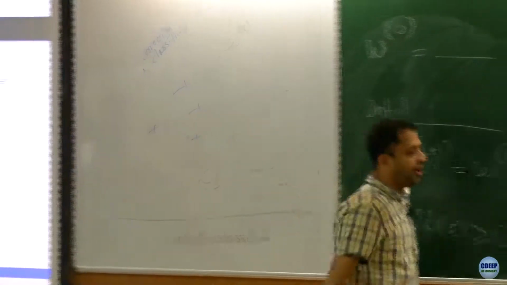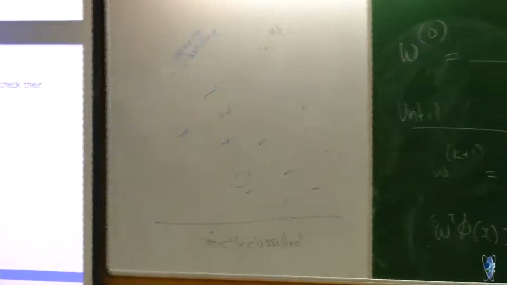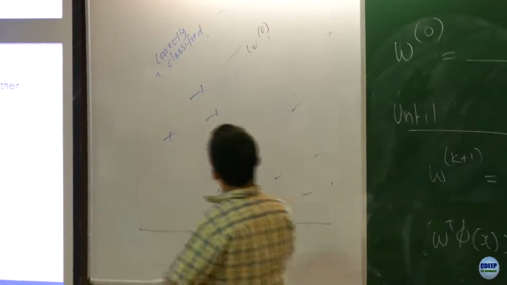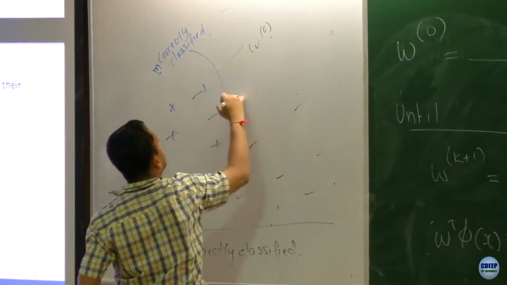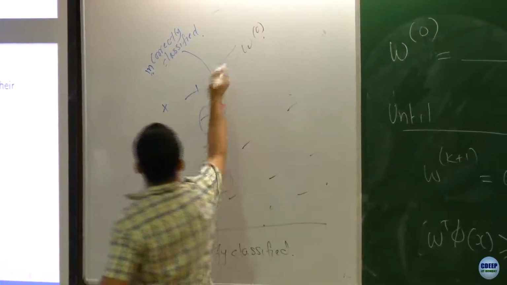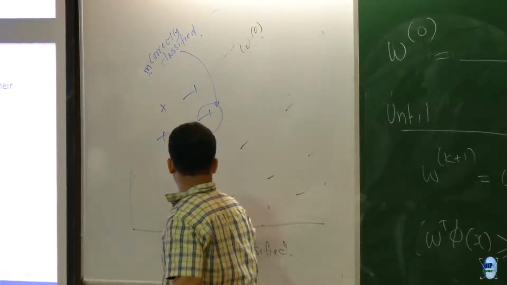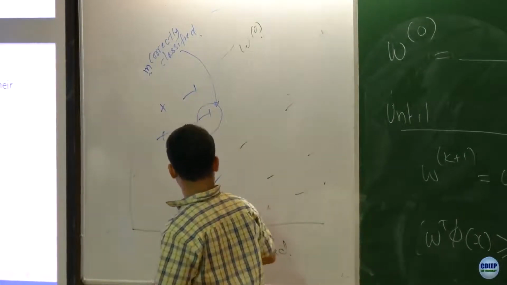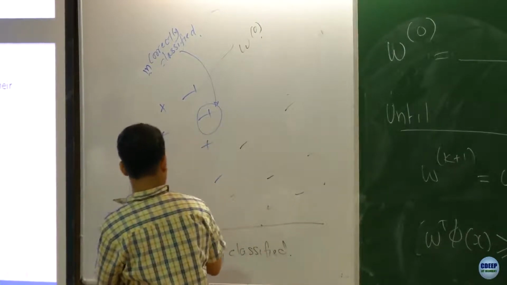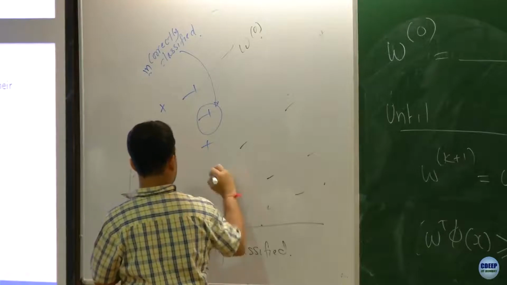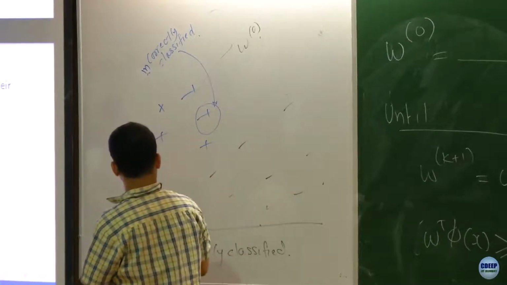But if not, which is if I come across a point which is incorrectly classified, so let's say this is the incorrectly classified point I come across. Okay, and likewise, let's say I had this point here, that's incorrectly classified.